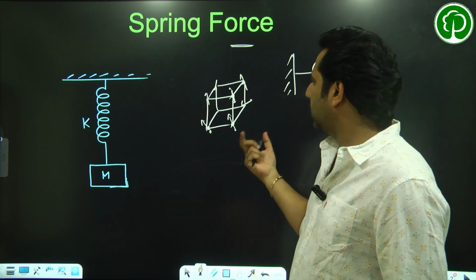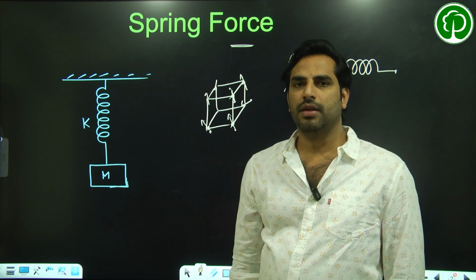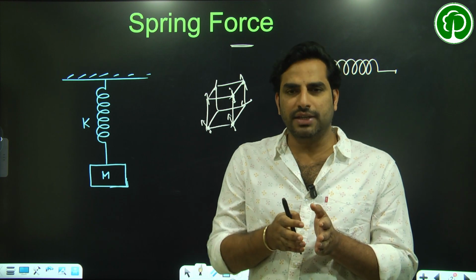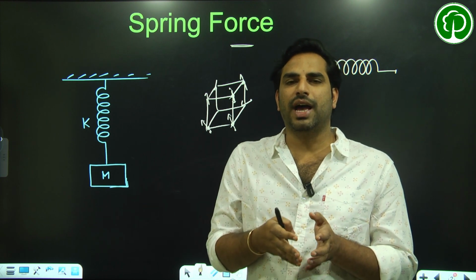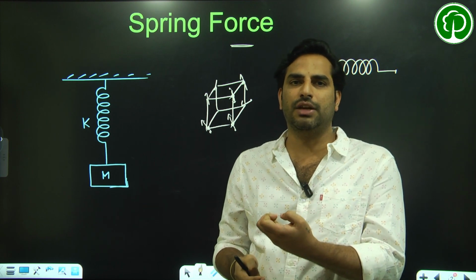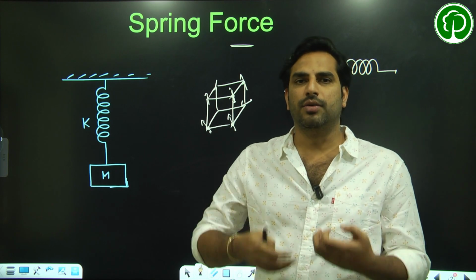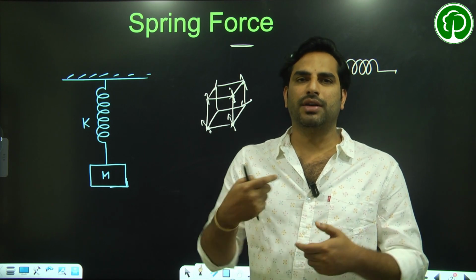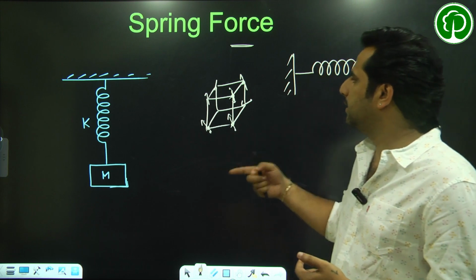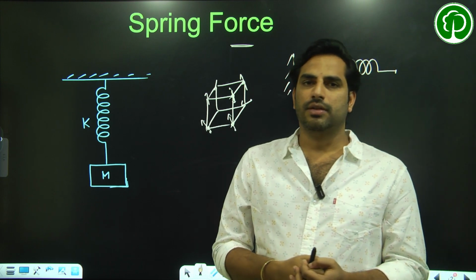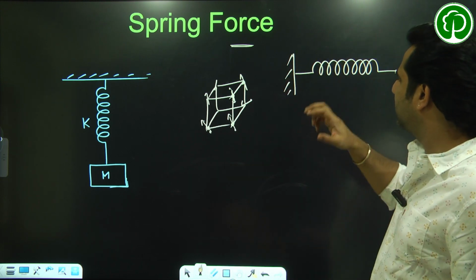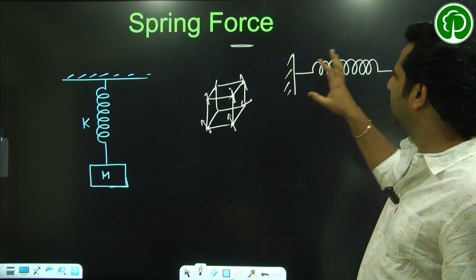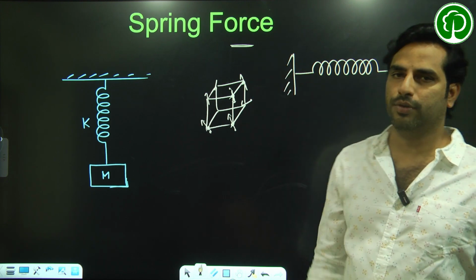This you might have studied in solid state of chemistry. Now when the spring is compressed or elongated, these atoms naturally will tend to come back to their original positions. In the process, the elastic forces are developed. So the resultant elastic force developed inside the spring is known as spring force.